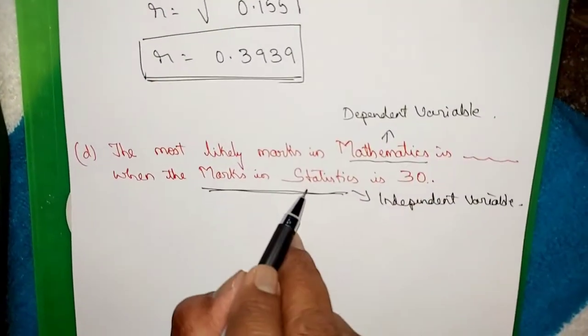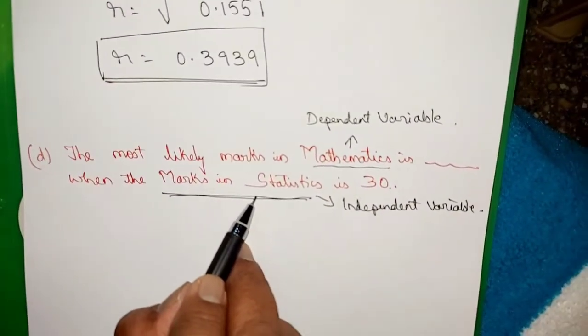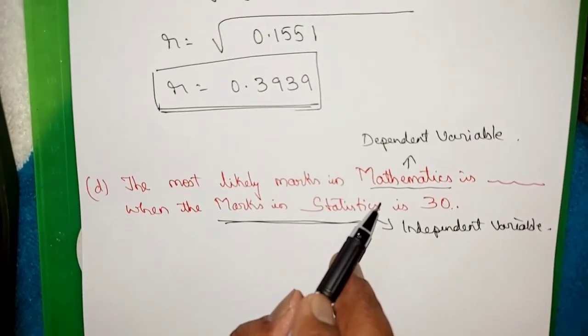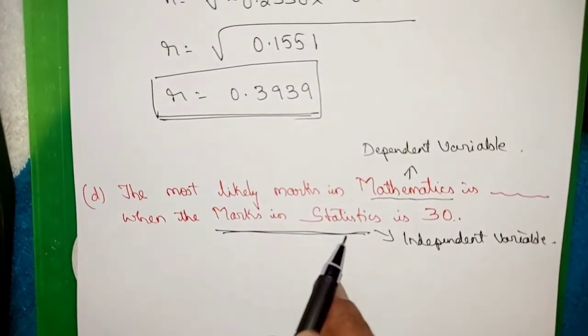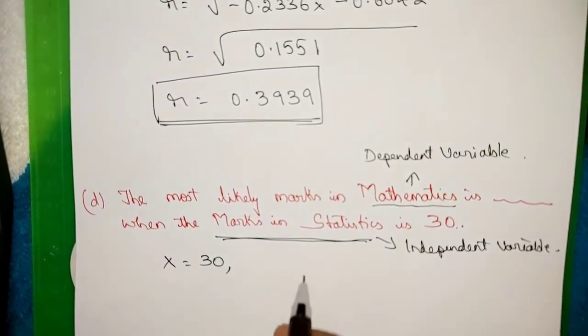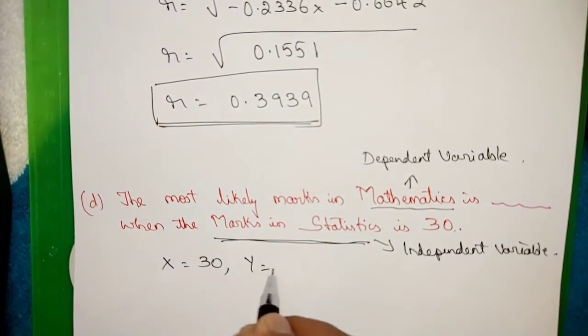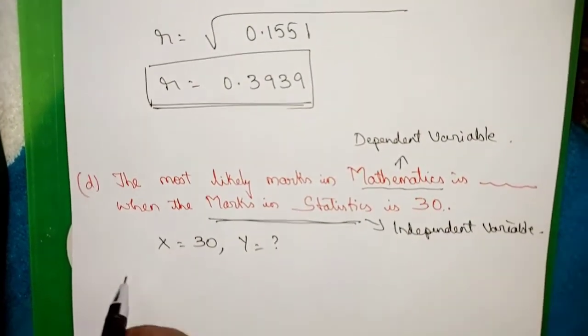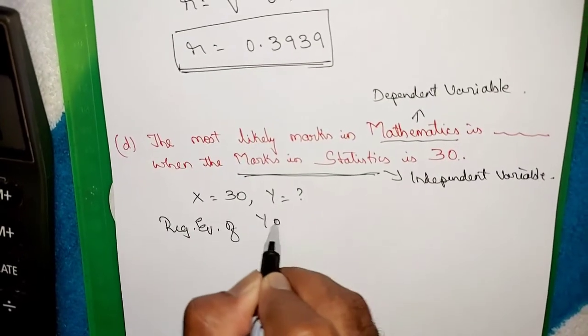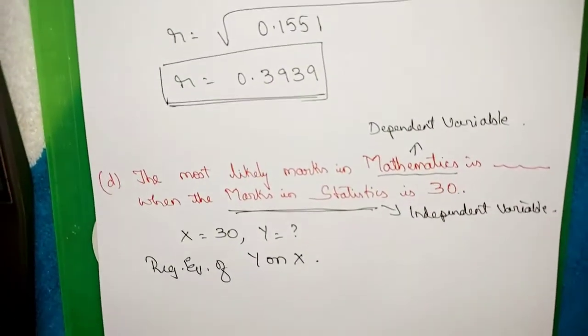Now, statistics is represented by x and mathematics is represented by y. Therefore, when the value of x is given, which is 30, we have to find out the value of y. Hence, we have to obtain the regression equation of y on x.